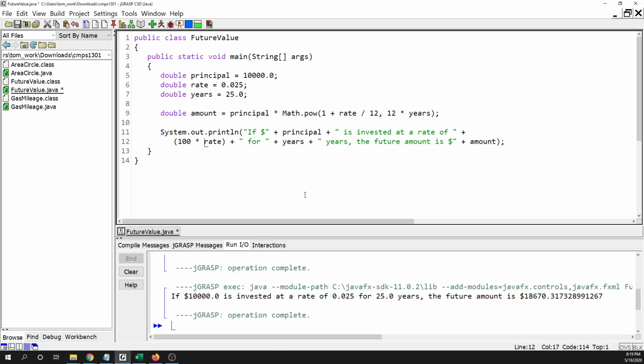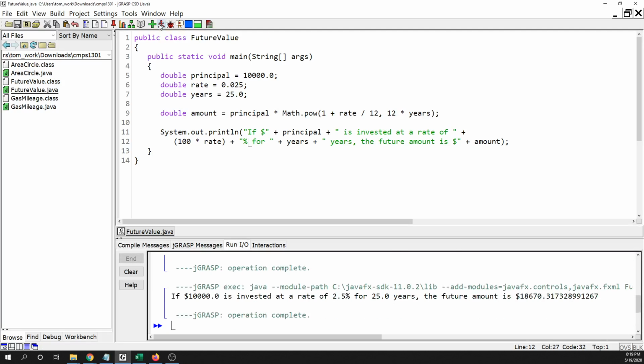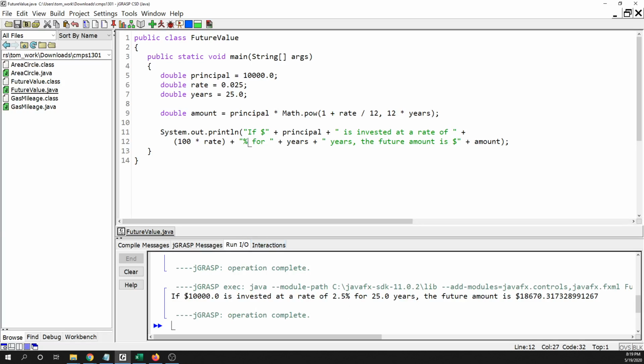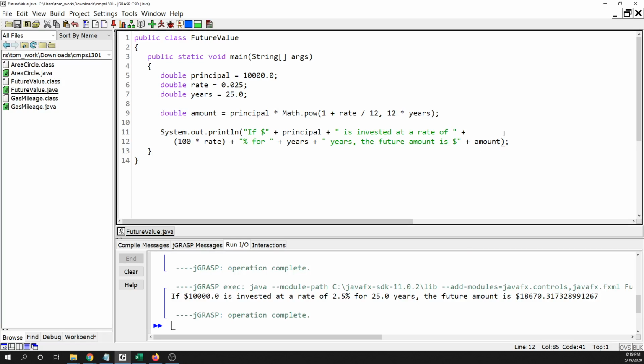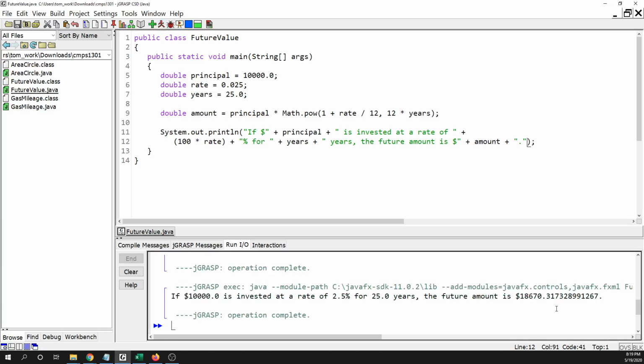Just do 100 times the rate, and then have parentheses in there. So let's try that. All right, and so we have a little bit better message there. If $10,000 is invested at a rate of 2.5% for 25 years, the future amount is this amount right here. And we probably need to put a period on the end of that. All right, so we have a pretty good message here.